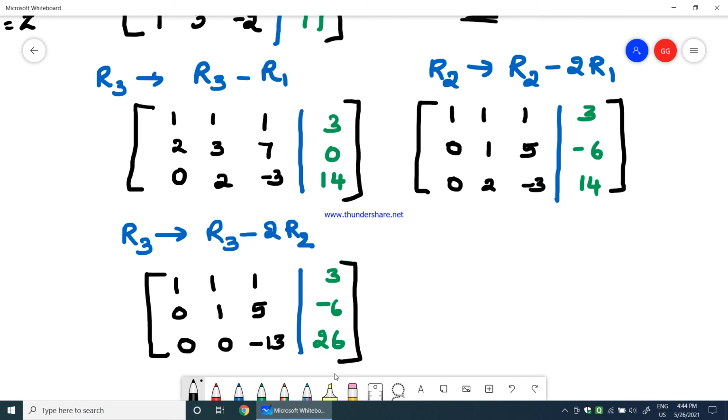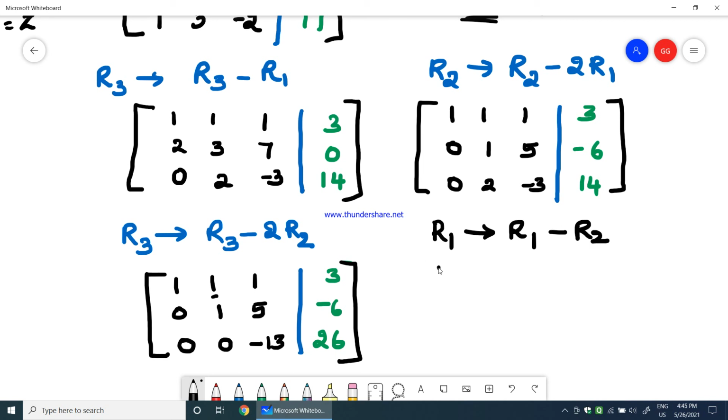Now what is my next job? I should make this 0, right? So this 3 is 0 now. My job is to make this 0. So what will I do? I'll replace R1 with R1 minus R2.